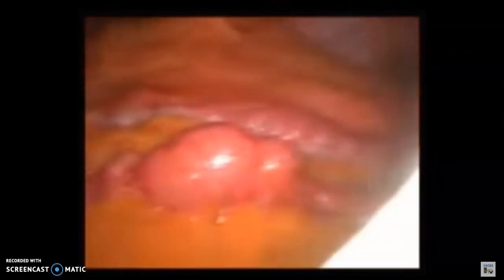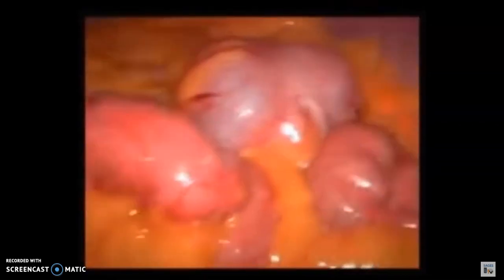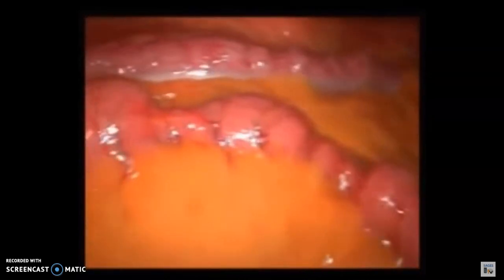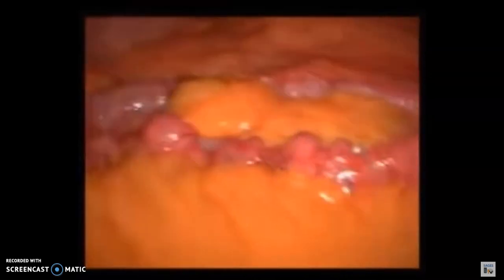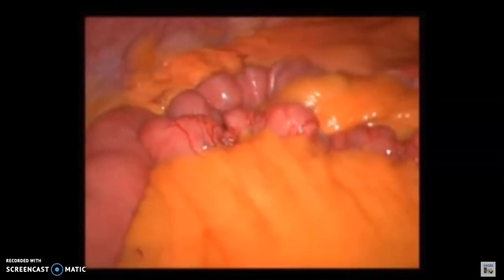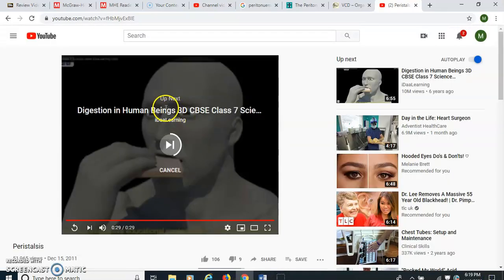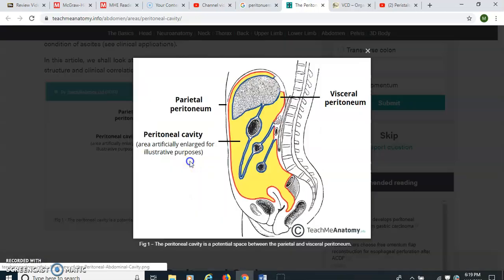That small intestine has the visceral peritoneum on its surface. Since those are moving around and rubbing up against each other or other structures, the fluid in that peritoneal cavity does a nice job of reducing friction, and that's the reason that we have that.